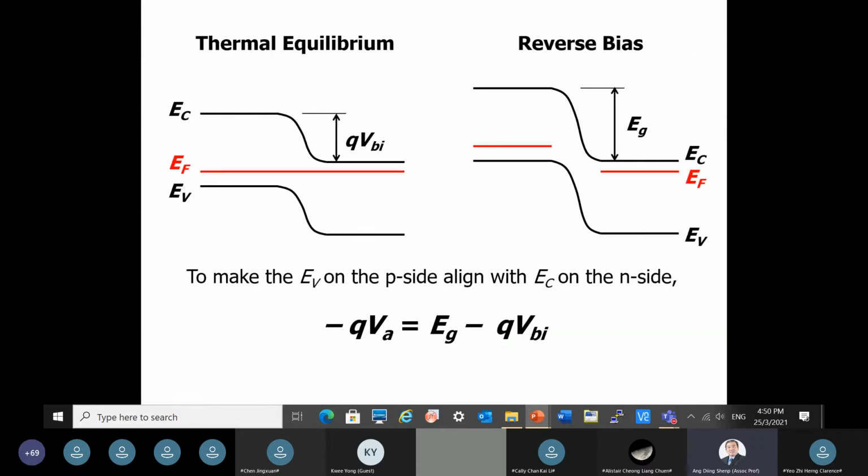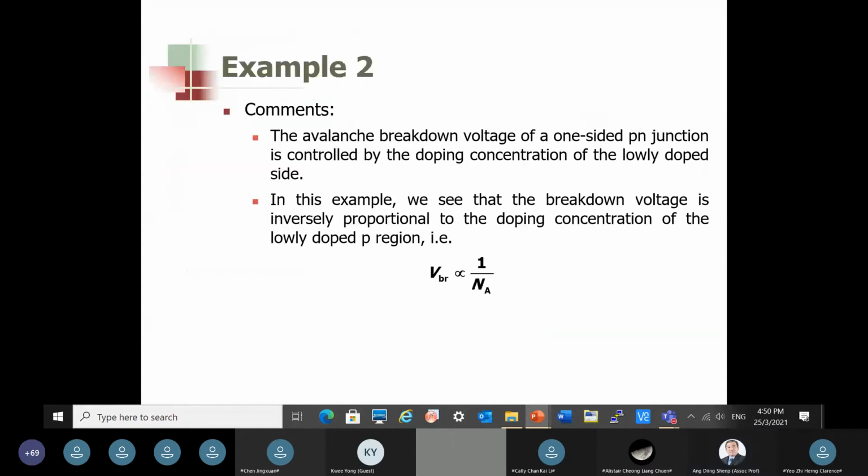Okay, so with that, the discussion on the reverse breakdown of the PN junction is complete. To summarize, there are two possible breakdown mechanisms. One is the Zener breakdown. The other one is the avalanche breakdown.